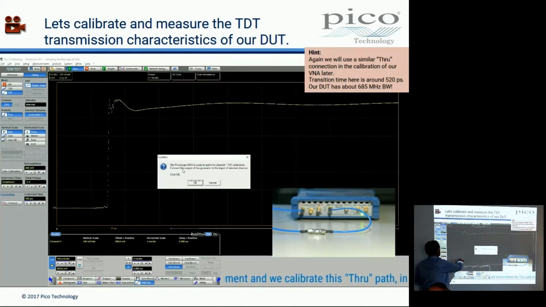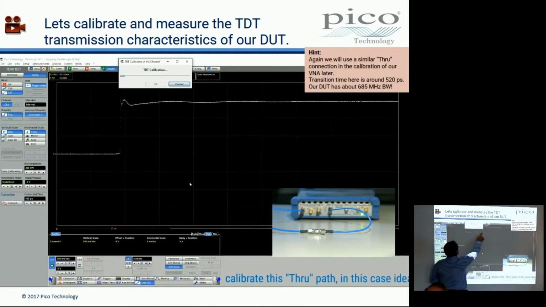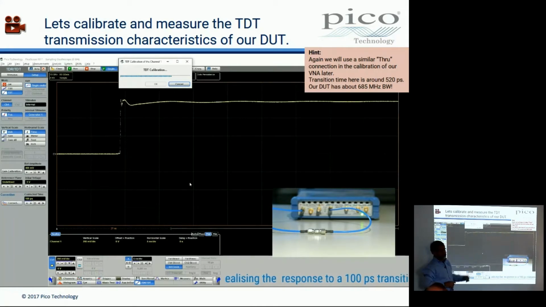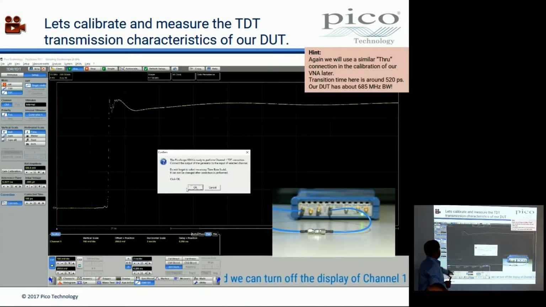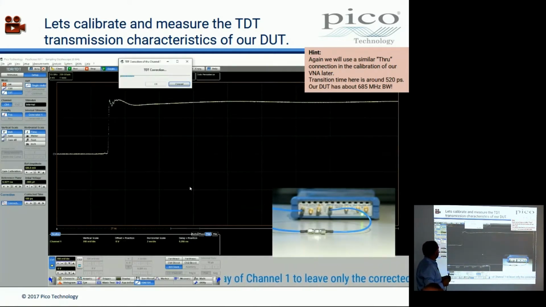I'm going to call this unity gain, and I'm going to tell the instrument, the software, that this pulse shape is unity gain, and please now draw me a unity gain. Oh no, I haven't done it yet. Correction, I need to take out these pulse aberrations. Let's do that, and then it'll show me a unity gain network analysis.